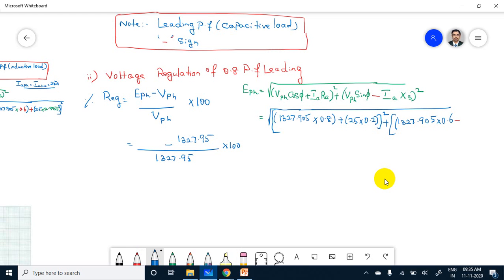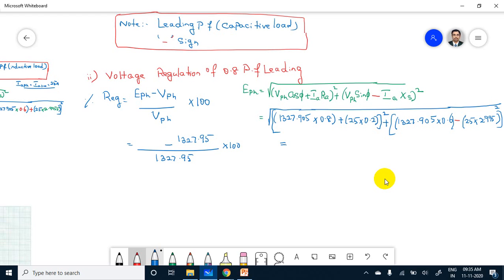Okay, we have to put minus, into IA value 25 into XS value 2.995, whole square. Can you please give me the answer?